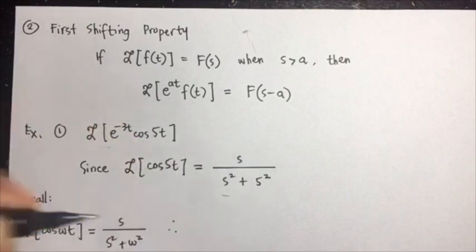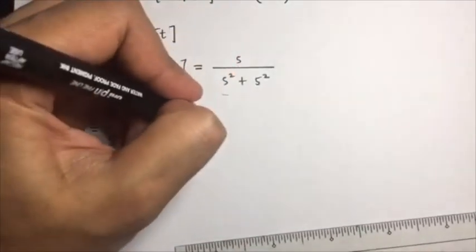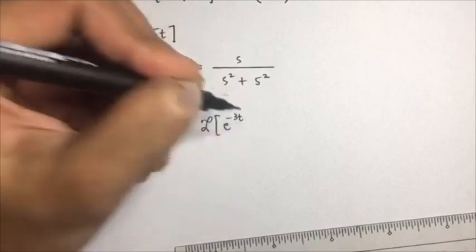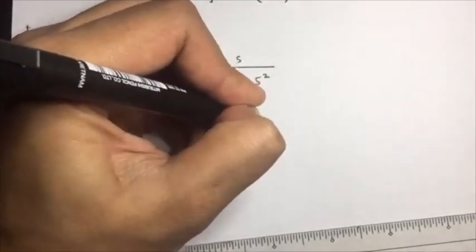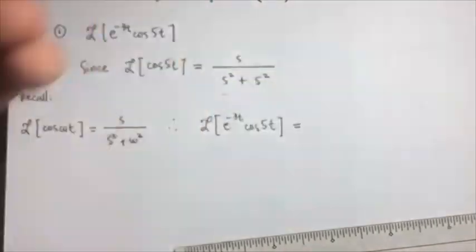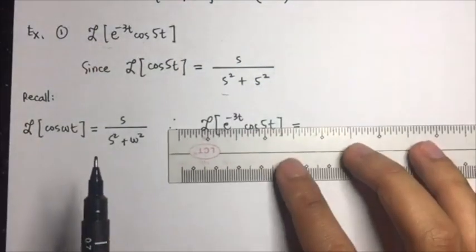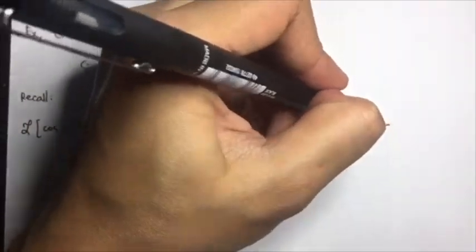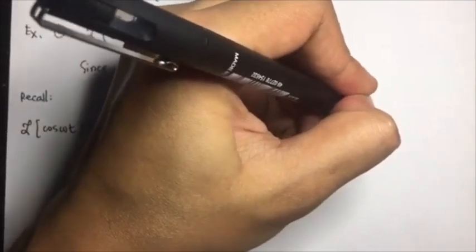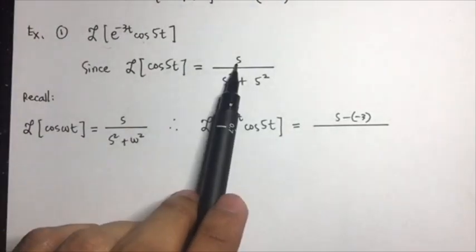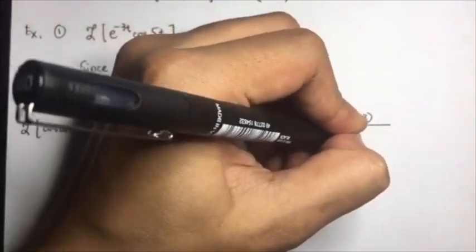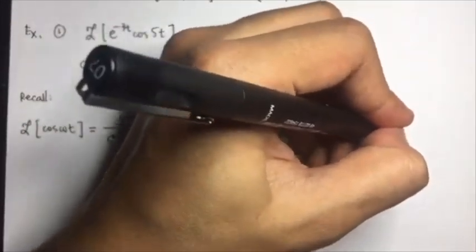So the Laplace transform of e raised to the negative 3t cosine 5t is equal to, replacing s with s minus a, s minus negative 3 in the numerator, and then s minus negative 3 squared plus 5 squared.